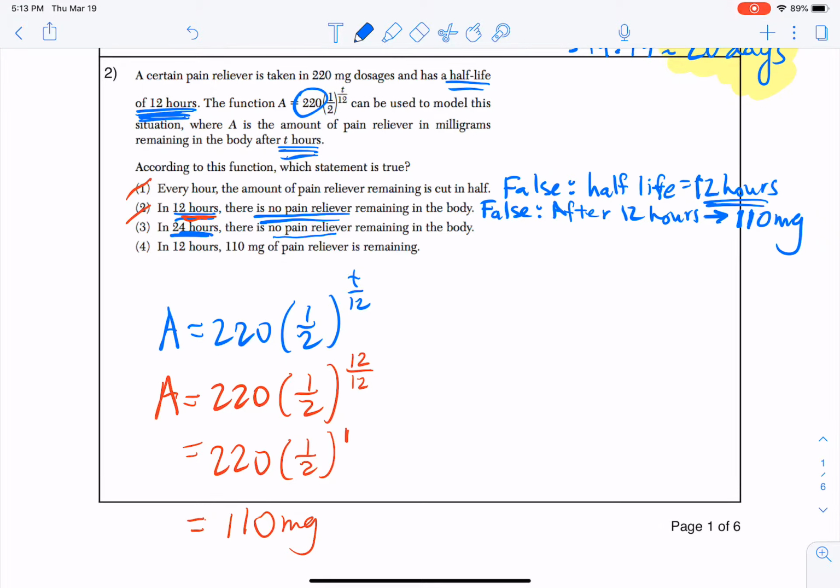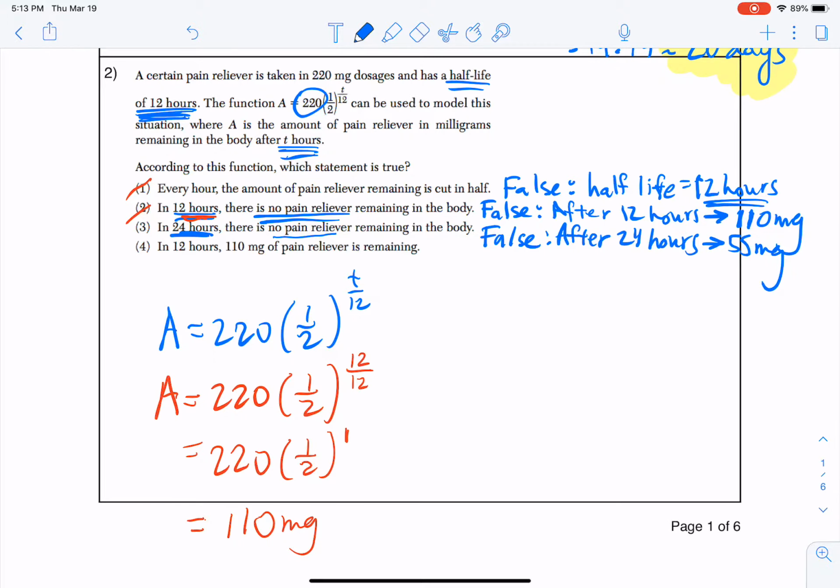So that really means that after 24 hours, we would be left with 55 milligrams. So that's half of what we were left with after 12. Every 12 hours, the amount gets cut in half.